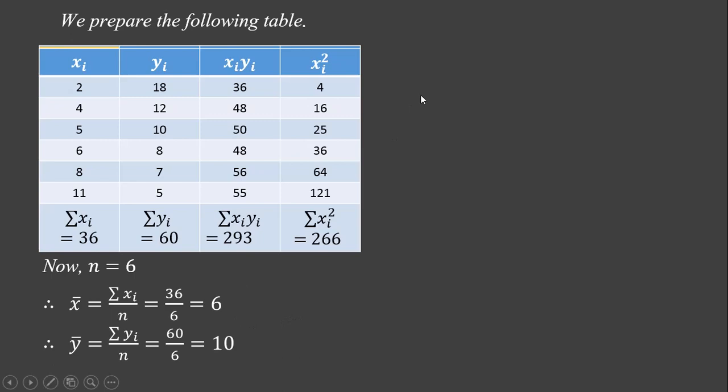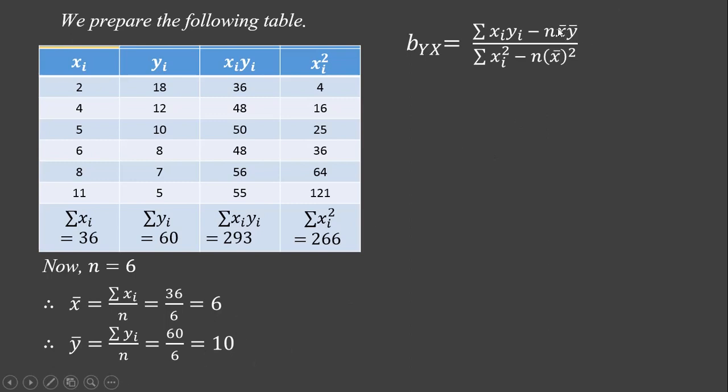So now we find the regression coefficient byx using this formula. Now this value summation xi yi, we have here 293. This value summation xi square, from this table we have 266. We know the value of n is 6, x bar we have calculated here 6, y bar 10.